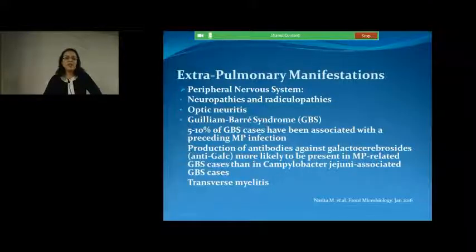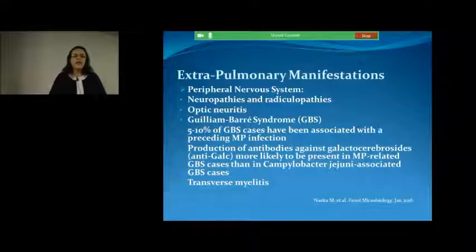5 to 10% of the GBS cases have been associated with a preceding Mycoplasma pneumoniae infection. It is thought that during the Mycoplasma infection, there is a production of antibodies called galactocerebroside antibodies as a result of the cross-reactivity with Mycoplasma glycolipids.